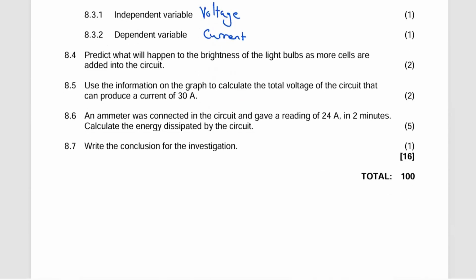Then we proceed to the next question, which is our 8.4. It says predict what will happen to the brightness of the light bulb as more cells are added into the circuit. It will increase.